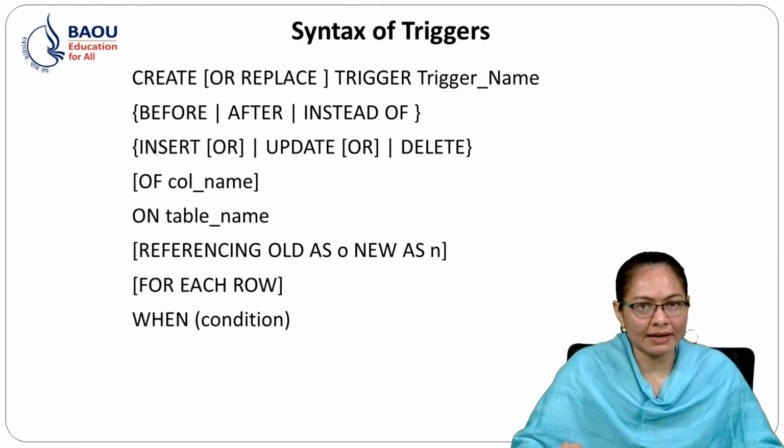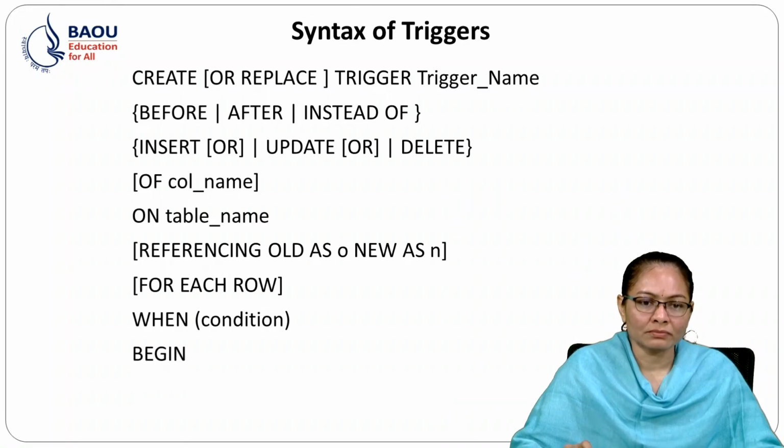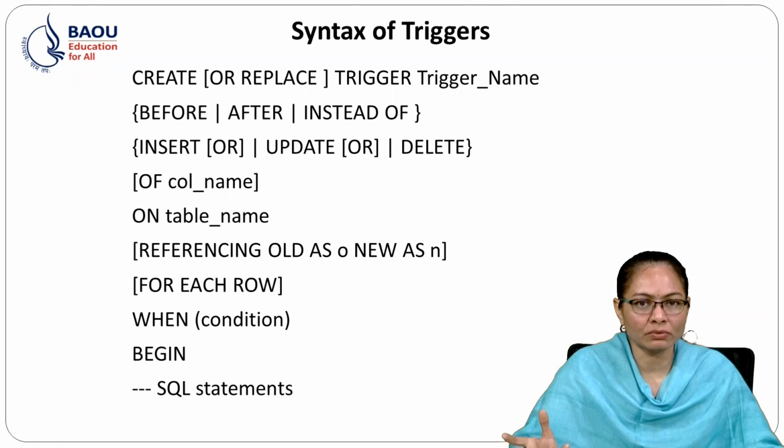This clause is valid only for the row level trigger. The trigger is fired only for a row that meets the specific condition. Now after that, begin and then the SQL statements with the necessary logic. After that, end of the trigger.